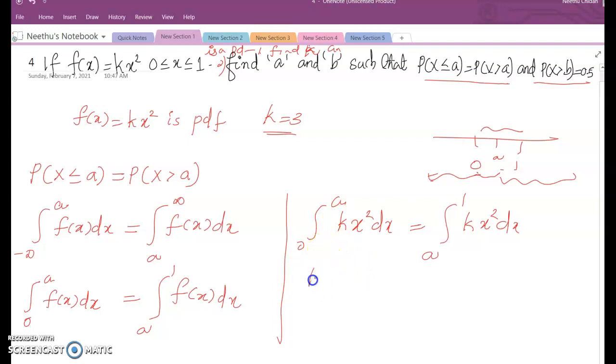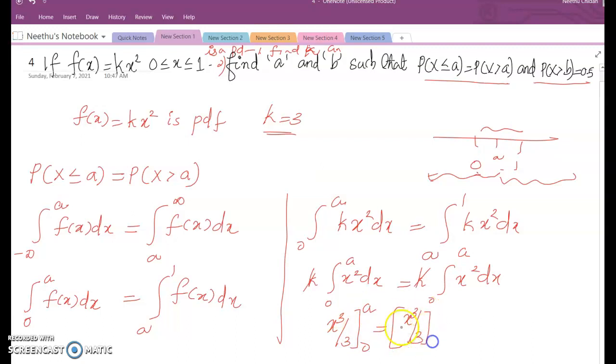Then k into integral 0 to a x square dx equals k into integral a to 1 x square dx, k cancels. Integral of x square is x cube by 3, with limits 0 to a. Sorry, here the limit on the right is not 0 to 1, it is a to 1. I wrote the limit wrongly.